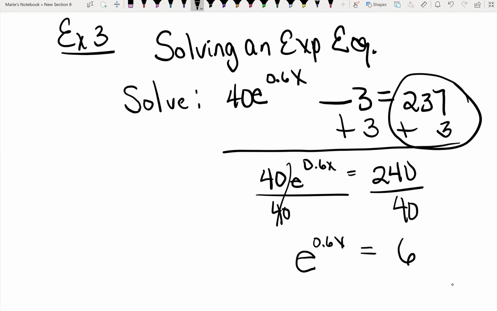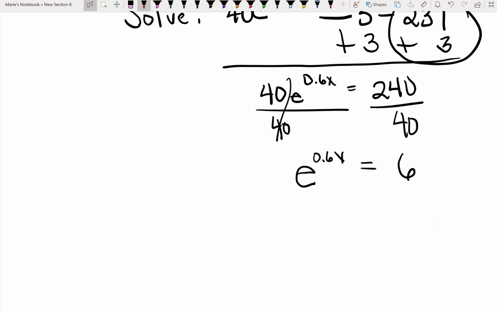I want you to consider at this point that you're going to place natural log in front of both of these numbers. Remember that I said to you, when you do that, the natural log and the natural base e will cancel themselves. This then leaves you with 0.6x equal to natural log 6.